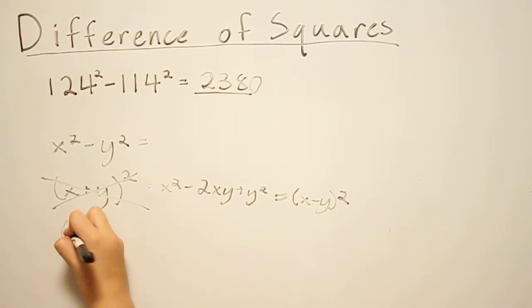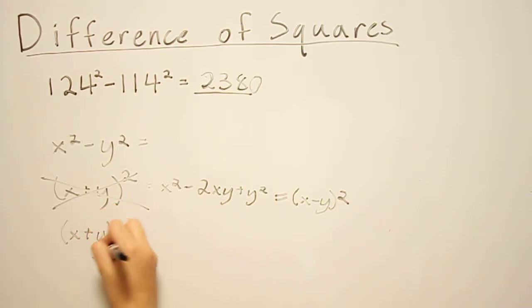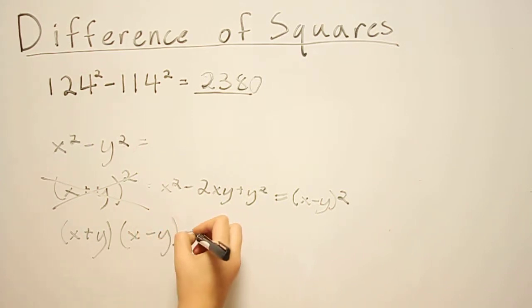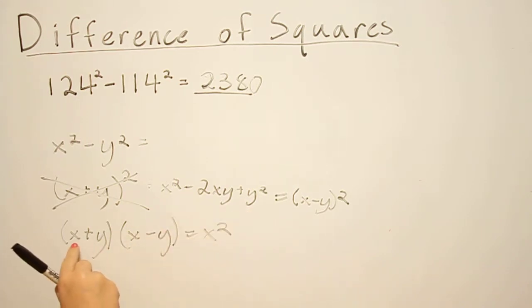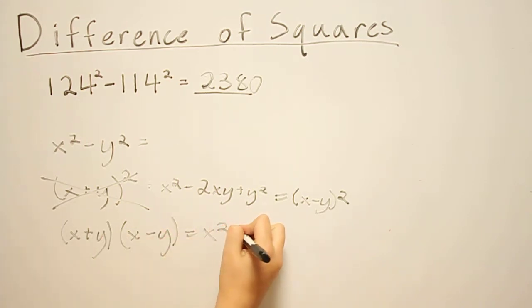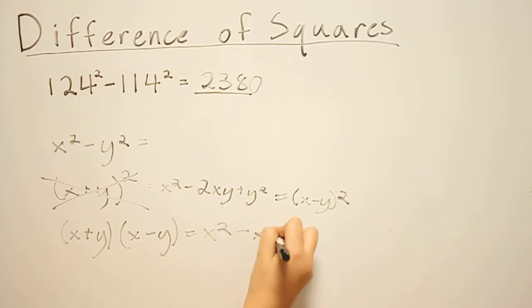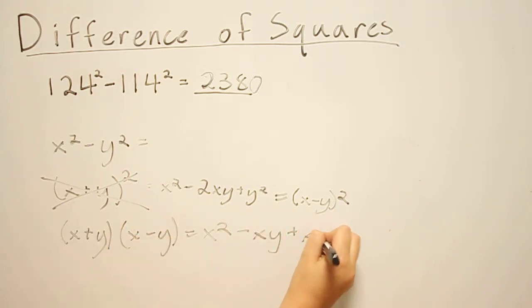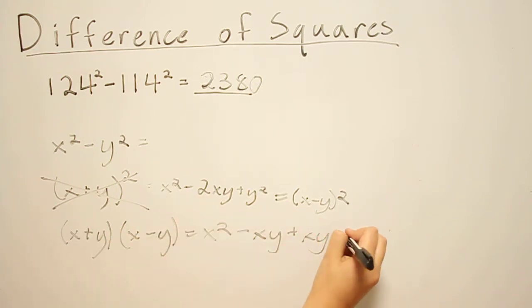What would x plus y times x minus y be? Here we have x squared again, and we have an x times minus y, and we have a plus x times y, and then a minus y squared.